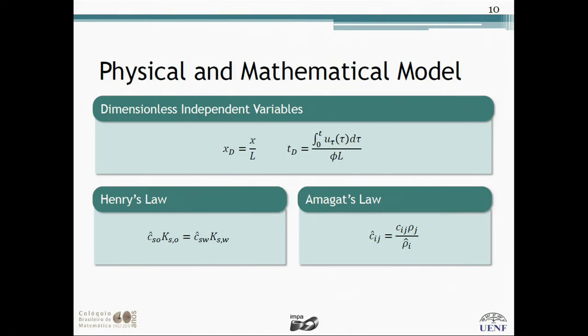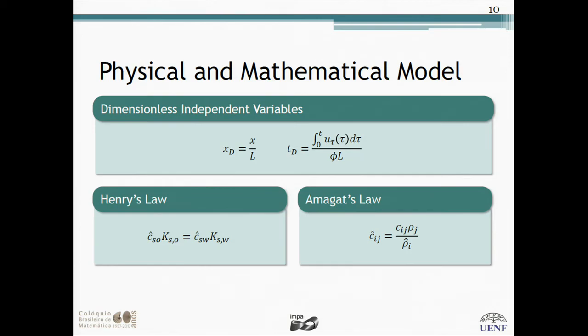But as we want to write something for liquid and gas, if we have the gas phase, we can replace it by partial pressure. In fact, what we do here is the equality of the fugacities, here by using Henry's law. So we have a linear relation between the solvent concentration, the CO2 concentration in oil and water phases.